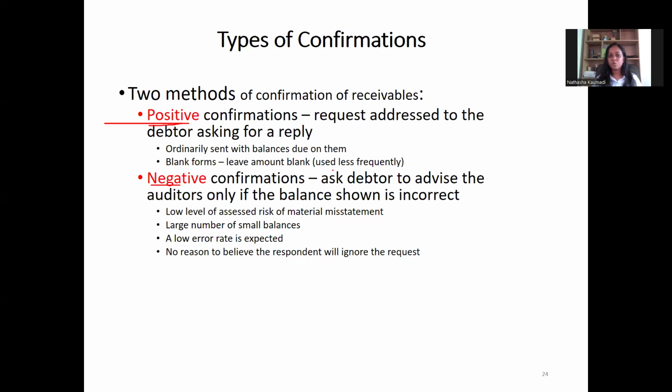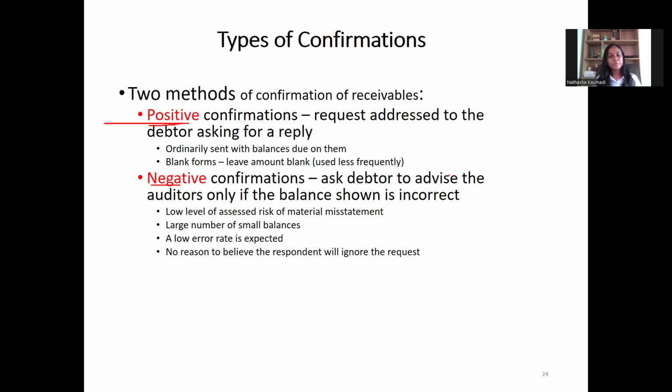It is less effective actually, because if we are sending the amount, then if there are differences, that debtor will immediately reply saying, no, no, no, this is not the correct amount. This is wrong. That is how the tendency goes. But if you are just keeping the form blank, then there's less tendency we are receiving the replies. So because of that, we are sending them positive confirmation, but with the amounts, after mentioning the amounts.